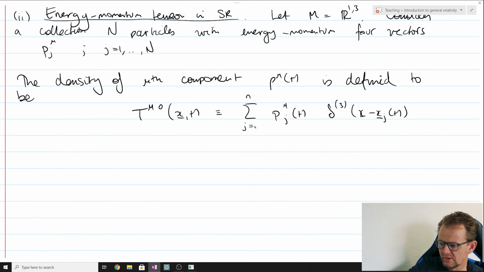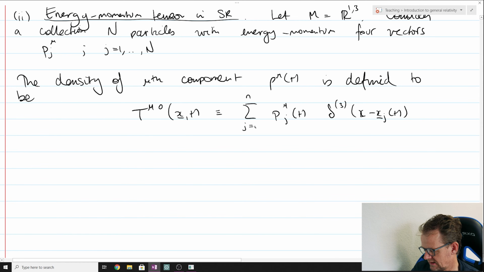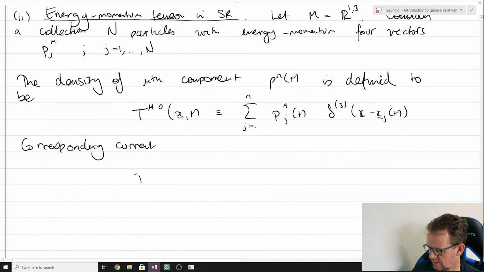Now, corresponding to any density, just as before, we can introduce the corresponding current, right? That tells us where it's going. So the corresponding current, I'll use this notation to capture it, is just the velocity multiplied by the density multiplied by where it is.